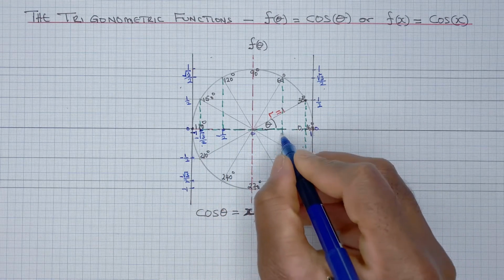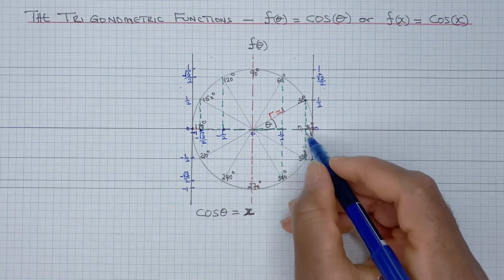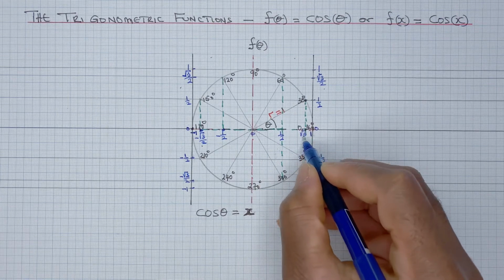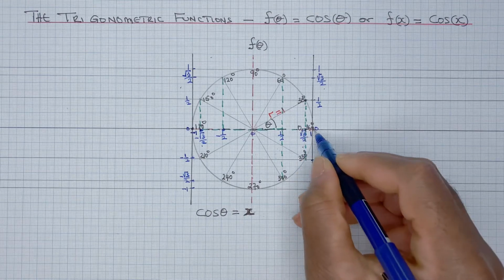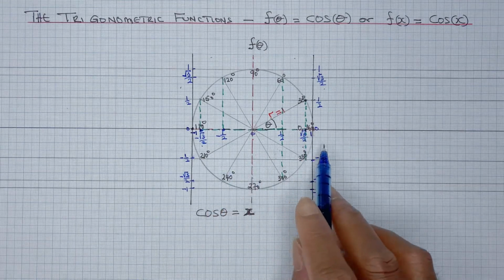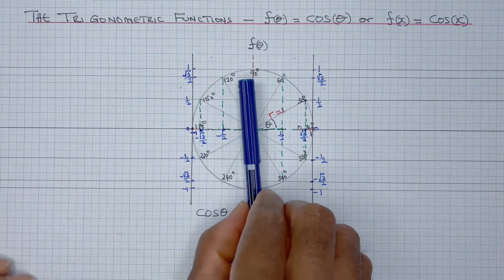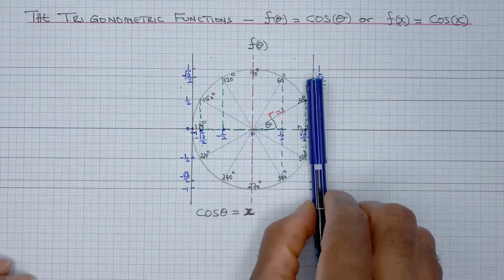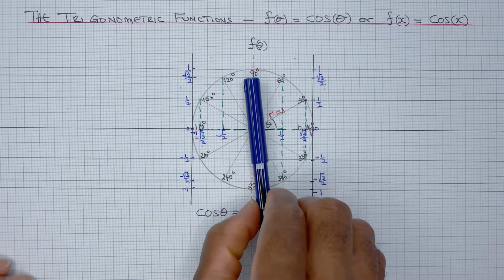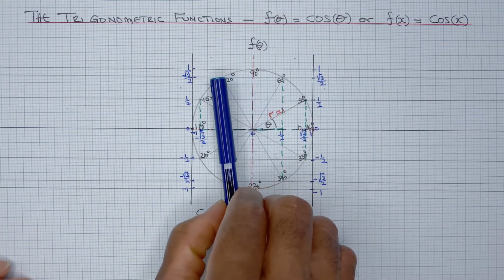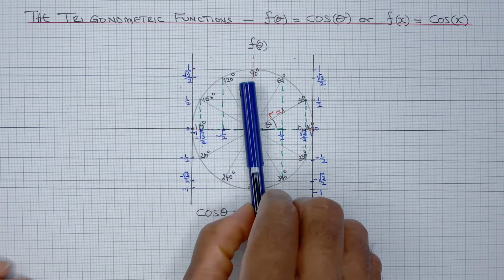And this is a half, and this point here is root 3 over 2, and this is 1. But that's what we're looking at. So what's going on? The x value is going from 0 to 1, and then back to 0, and then from 0 to minus 1, and then back to 0.